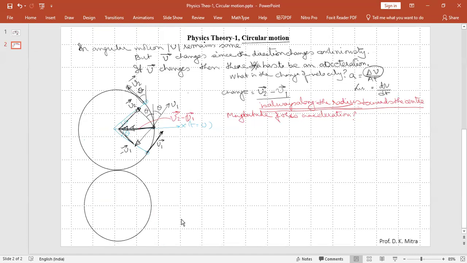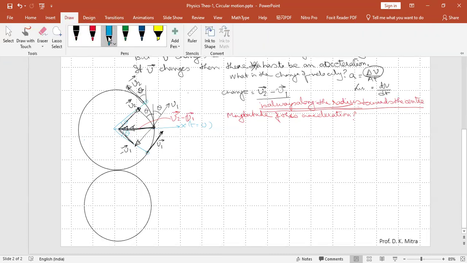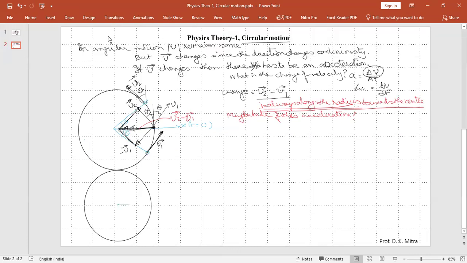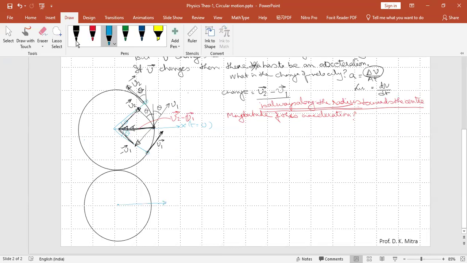It is the same. This is the center, and this is the x-axis, and the same two vectors.